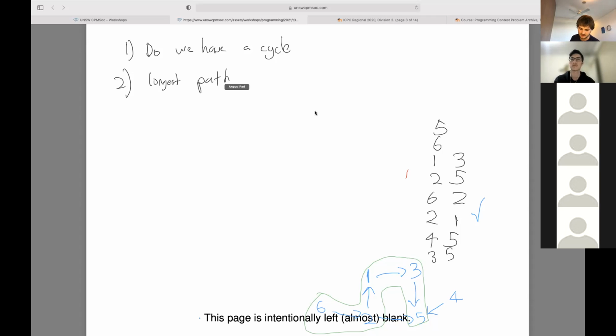In this directed case, it's a bit more complicated than the undirected case. But the idea is we can do a depth first search. So this graph here, a depth first search starting at 1. Go from 1 to 3 to 5.